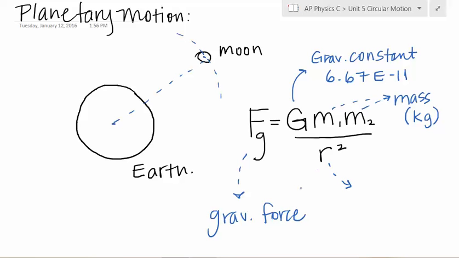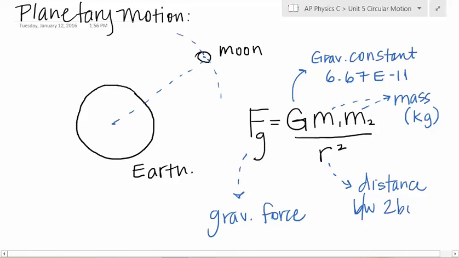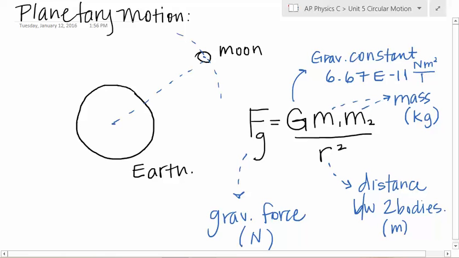It is truly the distance from center of mass to center of mass, but you need to think about it as being the distance between the two objects, and it would be measured in meters. So the unit for our gravitational constant, if the gravitational force is in newtons, would be newton meter squared per kilogram squared.